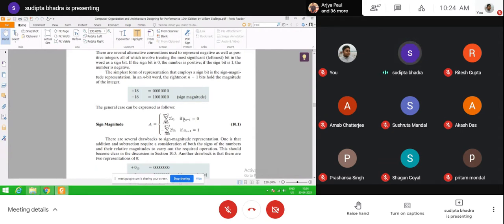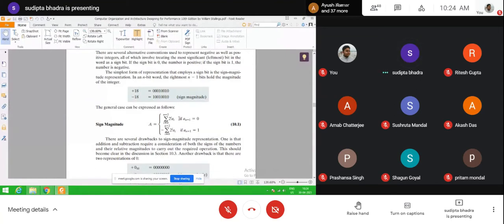If there are 8 bits, the bit positions are from A0 to A7. A7 is nothing but A(n minus 1), that is A(8 minus 1), A7.